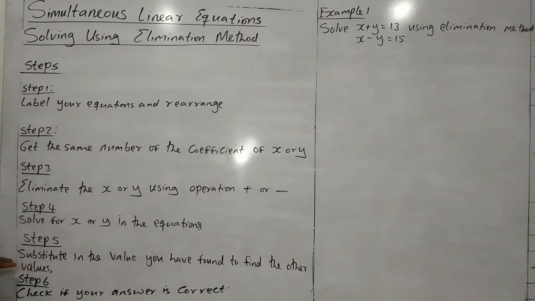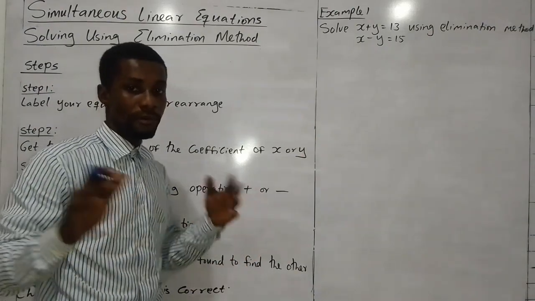Your step 5 says substitute in the value you have found to find the other value. As I've just said earlier, after getting the value of x or y, you substitute the value into equation 1 or equation 2, depending on your choice. After substituting, you now solve for the other variable, either x or y.